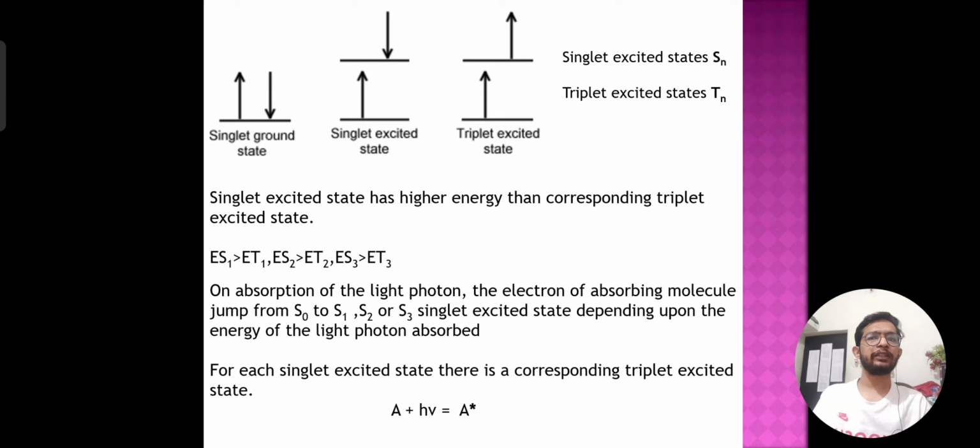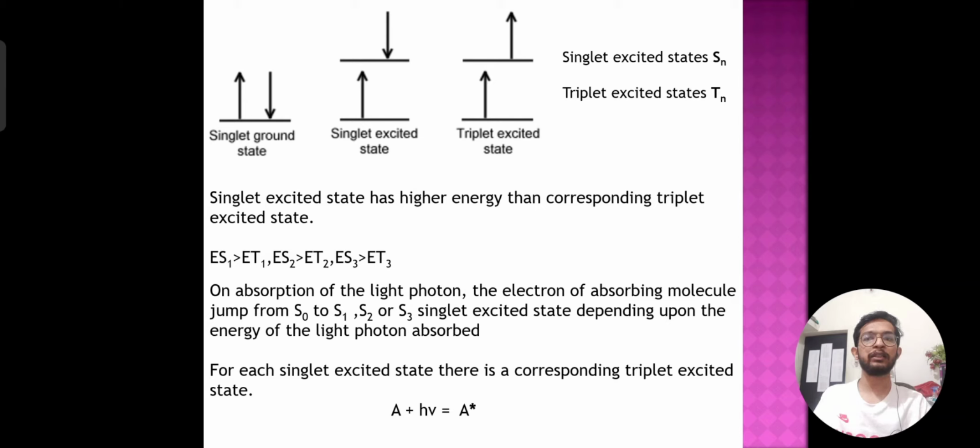Now, since the electron can jump to any of the higher electronic states depending on the energy of the photon absorbed, we get a series of singlet excited states Sn and triplet excited states Tn, where S1, S2 and S3 are known as the first, second and third singlet excited states respectively, whereas T1, T2 and T3 are the first, second and third triplet excited states respectively.